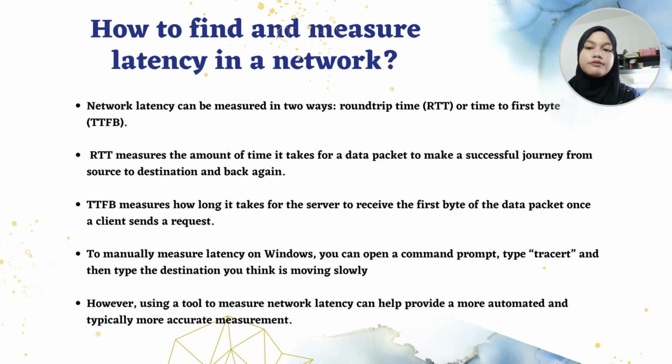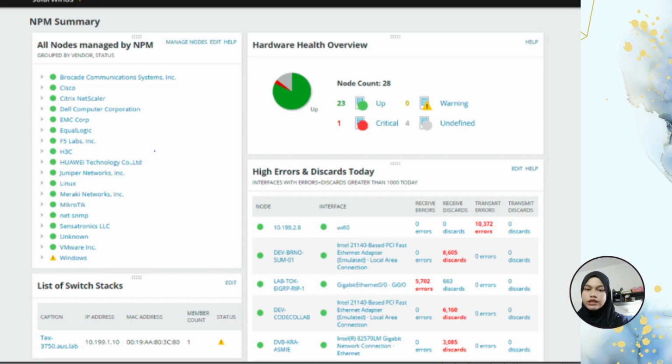However, using a tool to measure network latency can help provide a more automated and typically more accurate measurement. We can see in the figure above that we use a network latency test monitoring tool to analyze network response time. The quality of experience, known as the QoE dashboard, in SolarWinds Network Performance Monitor, known as NPM, is built to measure network response time and run network latency tests to help identify areas for improvement.